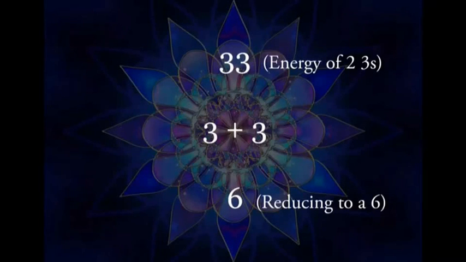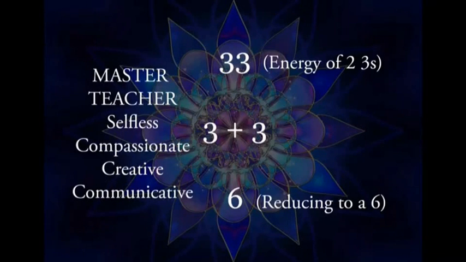So we have two 3s, and 3 plus 3 is 6. So we have the combined effect of 3 and 6. The number 33 is also known as the master teacher, because 3 indicates very effective and creative communication. 6 indicates selflessness, creativity, beauty, sensuality, and effective teaching. 6 also indicates humanitarianism and compassion.